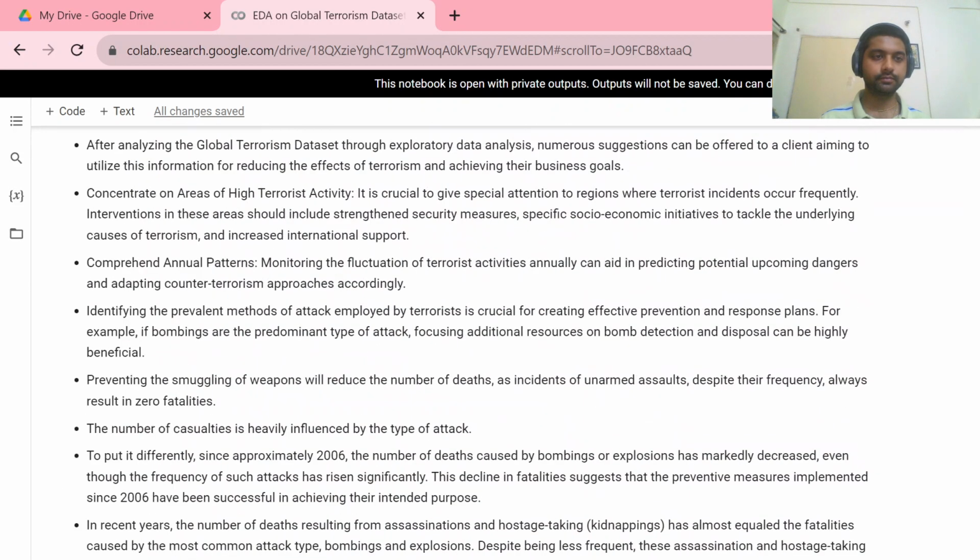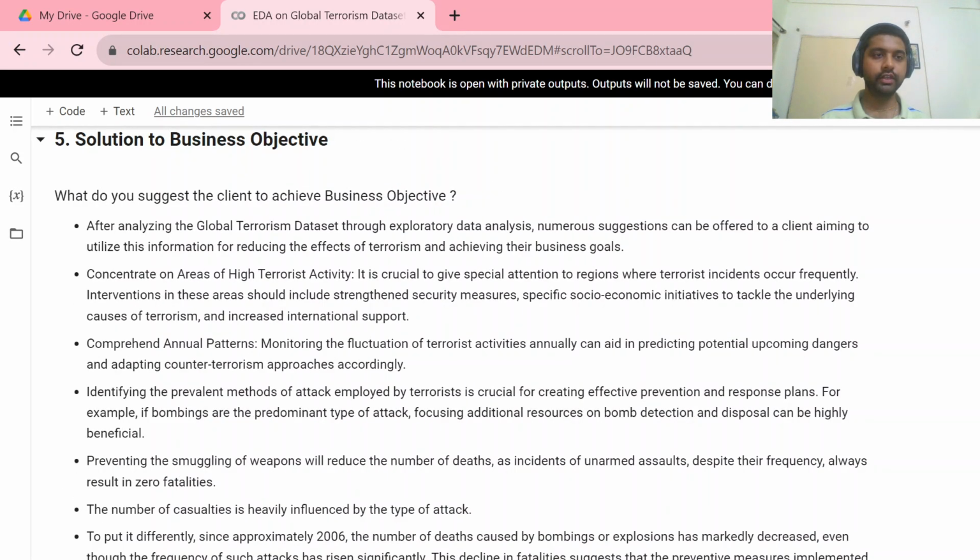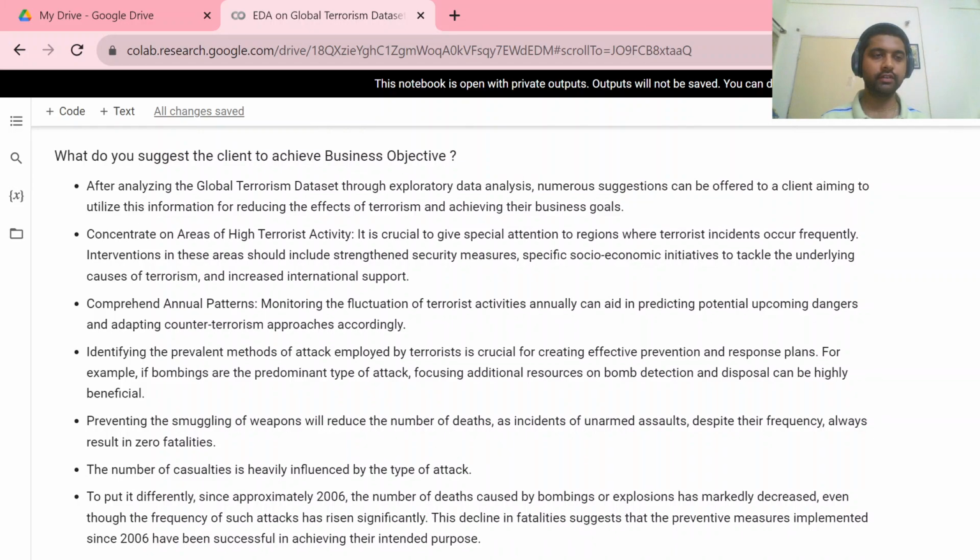Now we come to the business objective. After analyzing the global terrorist dataset through EDA, numerous suggestions can be formed. Here we talk about the solution: comprehend annual patterns and concentrate on areas of high terrorist activity.